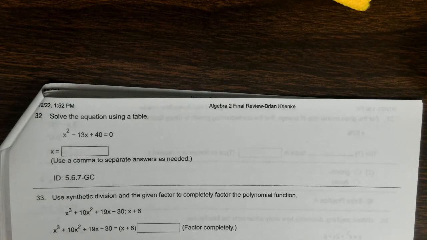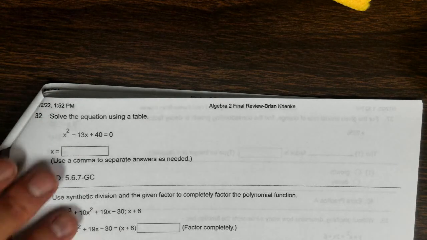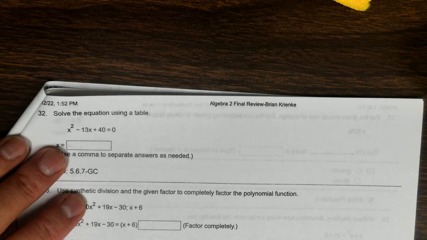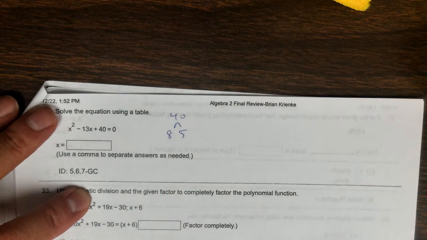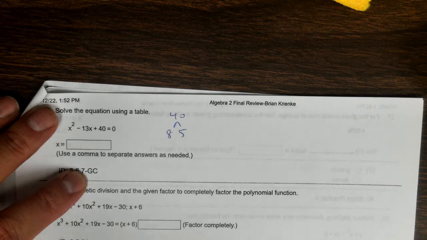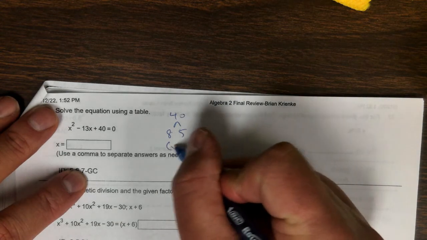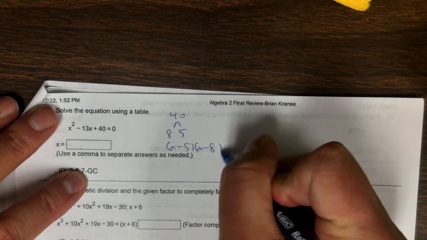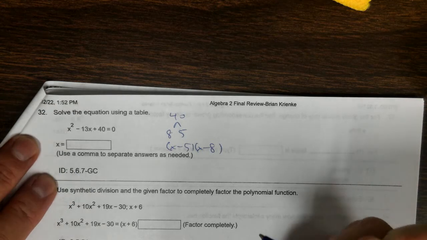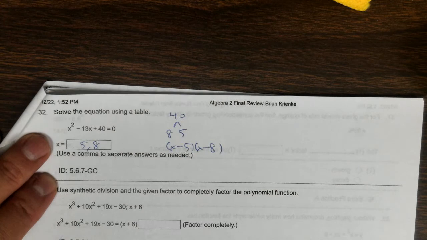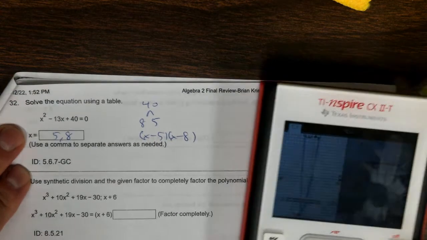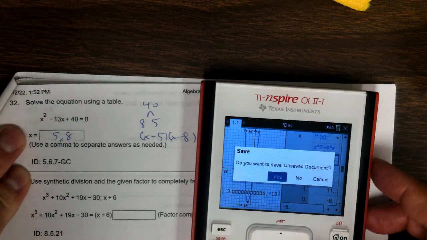Okay, for our next one, it says solve using a table. Well, I think of 40 as 8 times 5. So that actually works out easy. So it's x minus 5, x minus 8. So that means your answers are 5 and 8. Since they want you to use a table, if you want to, you can go into here.